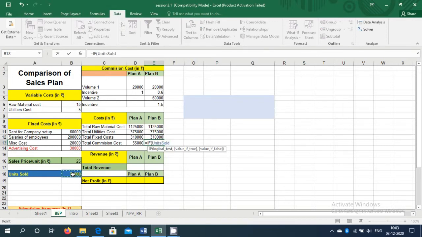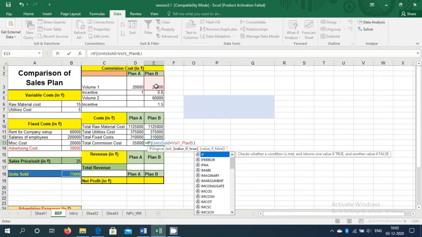B18, that is the units sold, if total units sold is greater than volume 1 plan B, then an inner nested if.